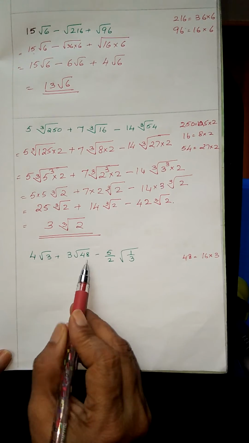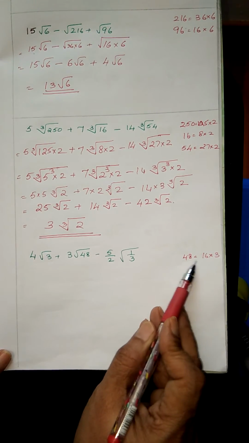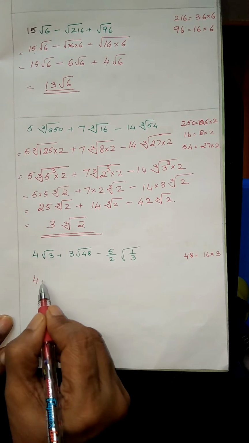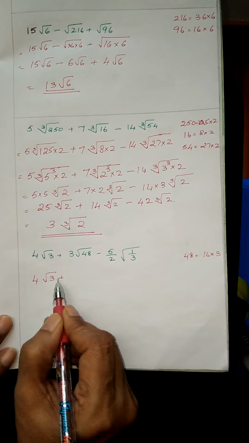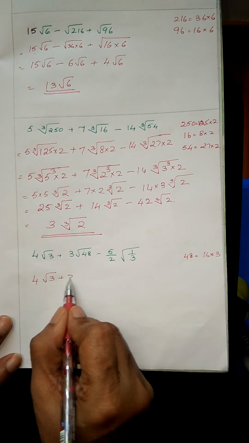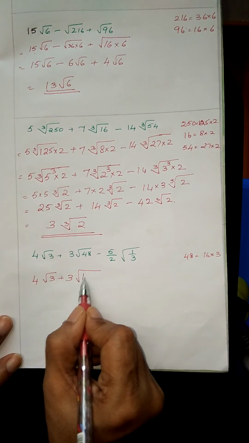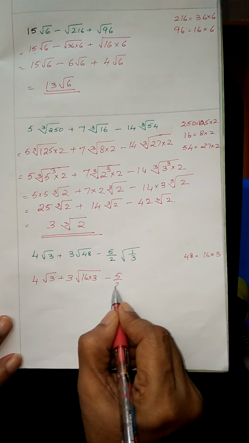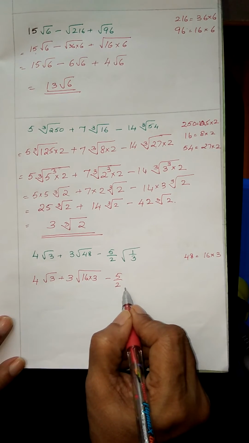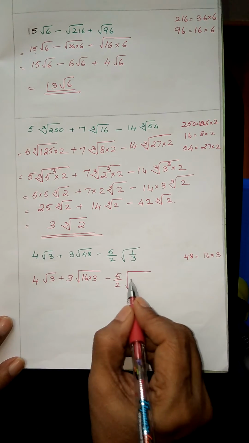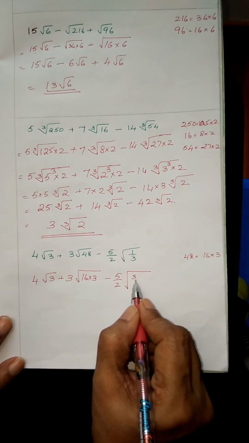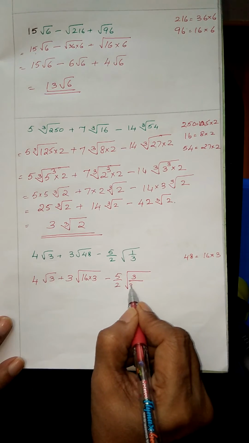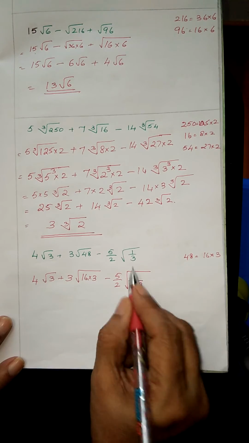Now here root 48 can be written as 16 into 3, so we'll write this as 4 root 3 plus 3 into root of 16 into 3 minus 5 by 2 into, now this can be written as, I am multiplying 1 into 3 by 3 into 3, so that the value does not change.